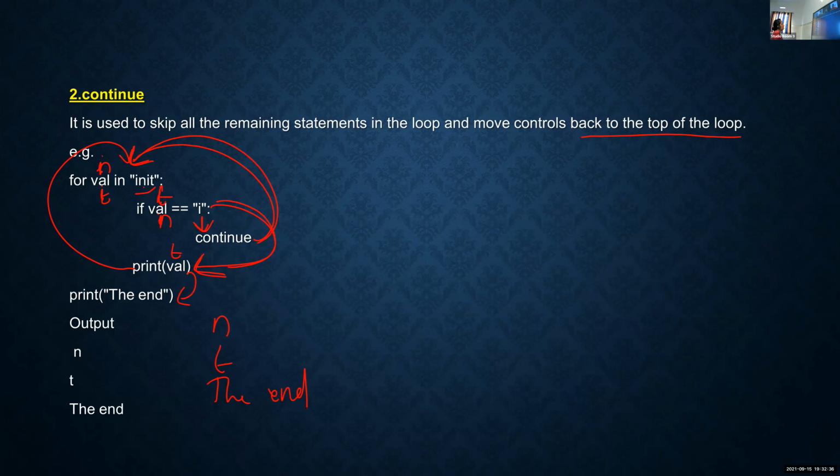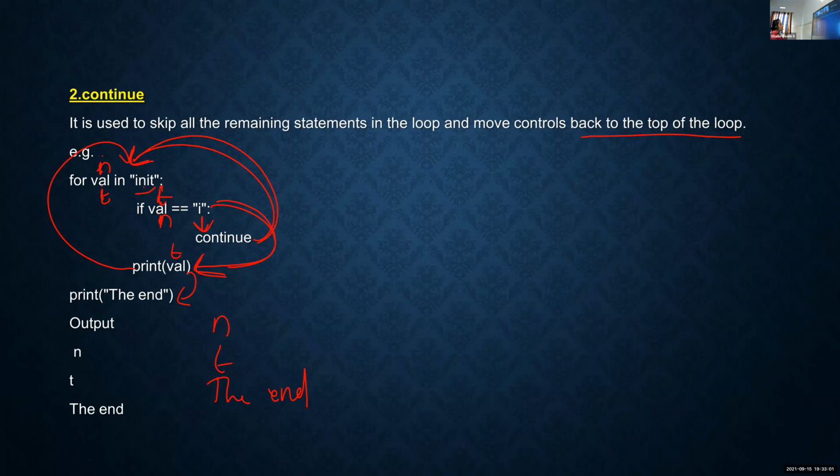Okay, so this is the continue statement. Continue is used for continuing the iteration, but break is used for terminating the iteration. According to this jump statement, there is only one sentence as definition.